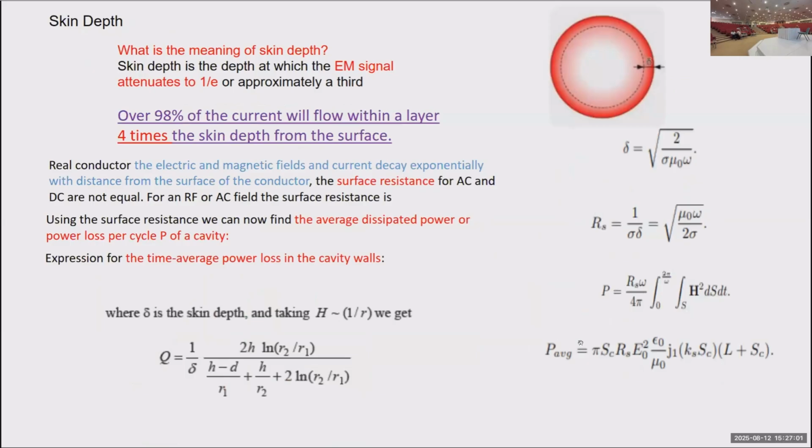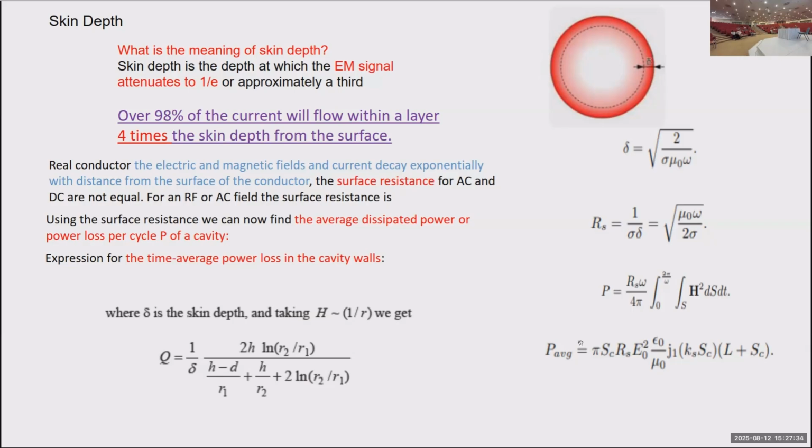And one of the definitions that is important in the design of the cavities, related to the frequency and the material, is the skin depth. It is the depth at which the electromagnetic signal attenuates in the material to approximately 1/3.